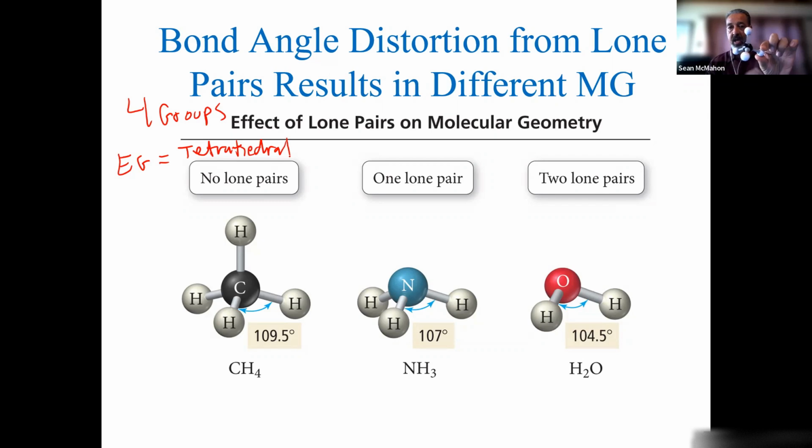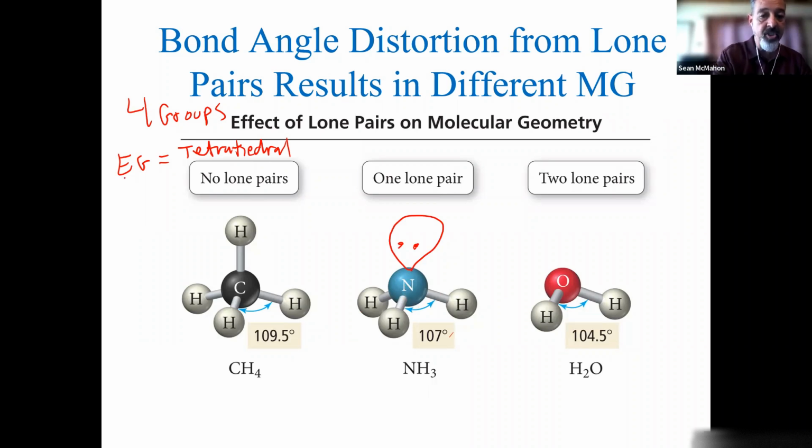However, in the case of ammonia, one of the groups is a lone pair, which is what they're not showing you here. The reason they're not showing you is that there is typically a difference between electron group geometry and molecular geometry. Molecular geometry only looks at the atoms. So all of these have 4 groups, and all of their electron group geometries are tetrahedral.